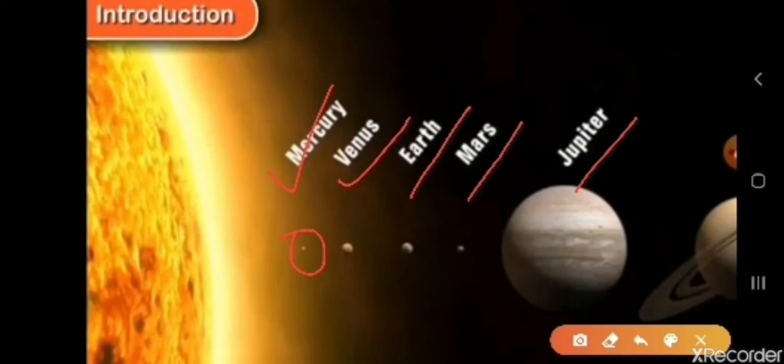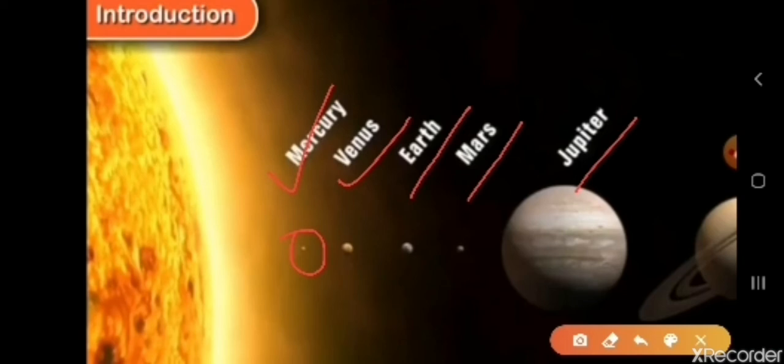It is so large that all the planets of the solar system can occupy space in Jupiter, meaning they can be accommodated in Jupiter.